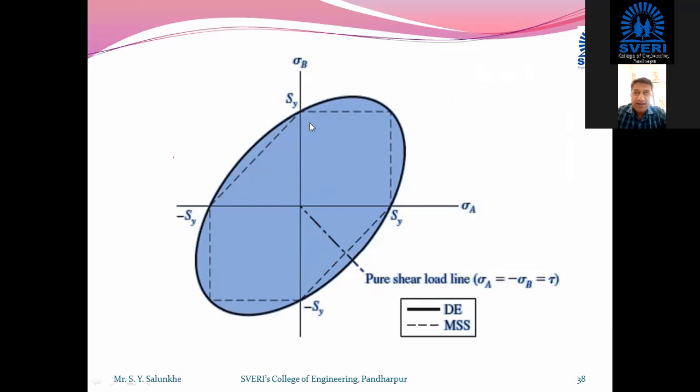So this dotted line is indicating maximum shear stress theory, and this ellipse is indicating the Von Mises theory, that is the last theory, distortion energy theory. And in actual practice, if we conduct experimentation, then we get that the failure of material is occurring nearby areas of this ellipse.